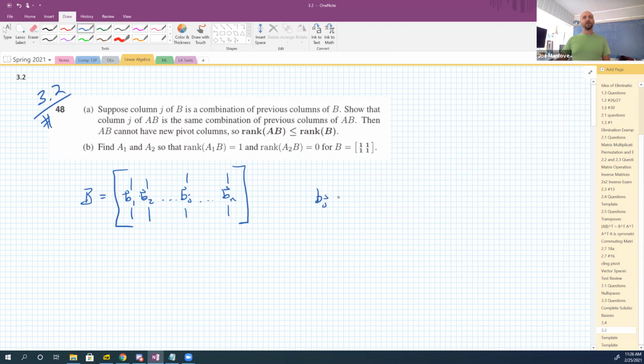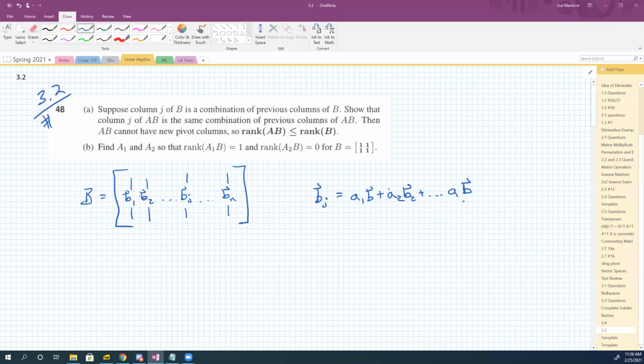So that means I can rewrite column BJ as A1 B1 plus A2 B2 up to the previous columns, and with, what's the very previous column to BJ? BJ minus 1. Good. J minus 1.